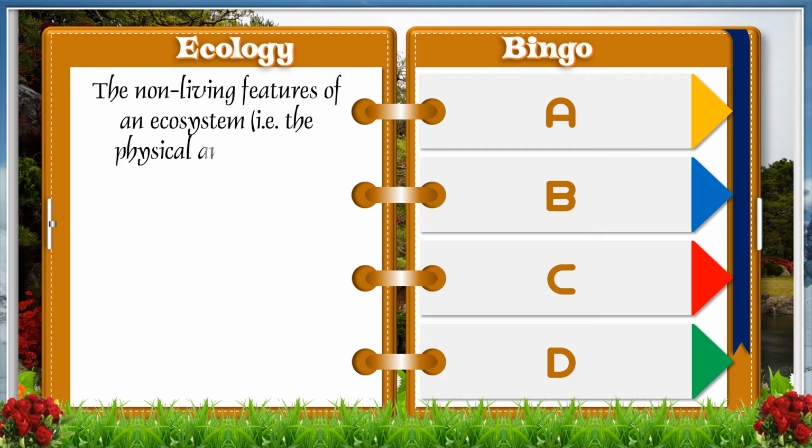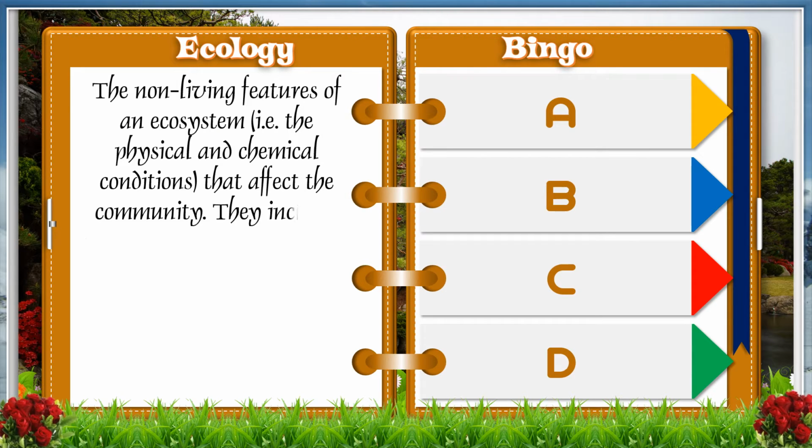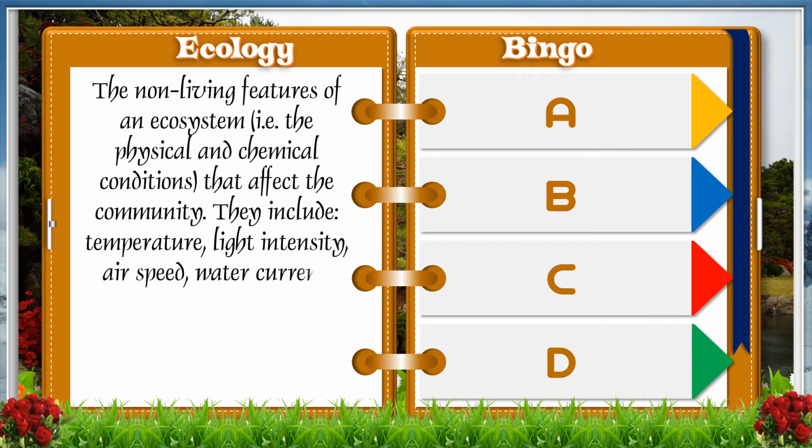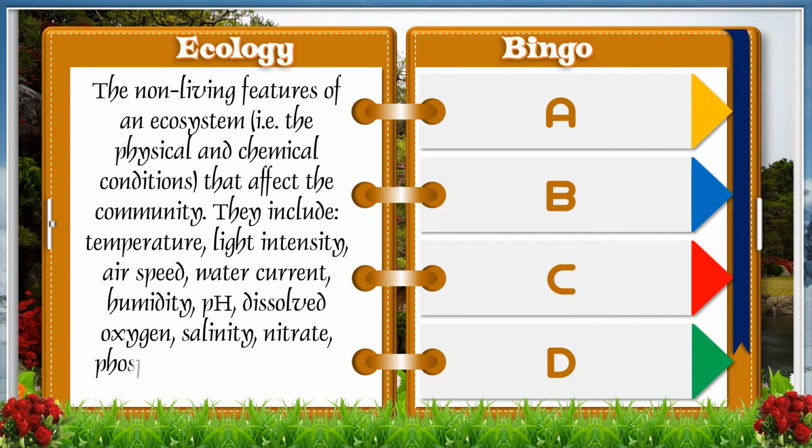The non-living features of an ecosystem, that is, the physical and chemical conditions that affect the community. They include temperature, light intensity, air speed, water current, humidity, pH, dissolved oxygen, salinity, nitrate, phosphate, and other plant nutrients.